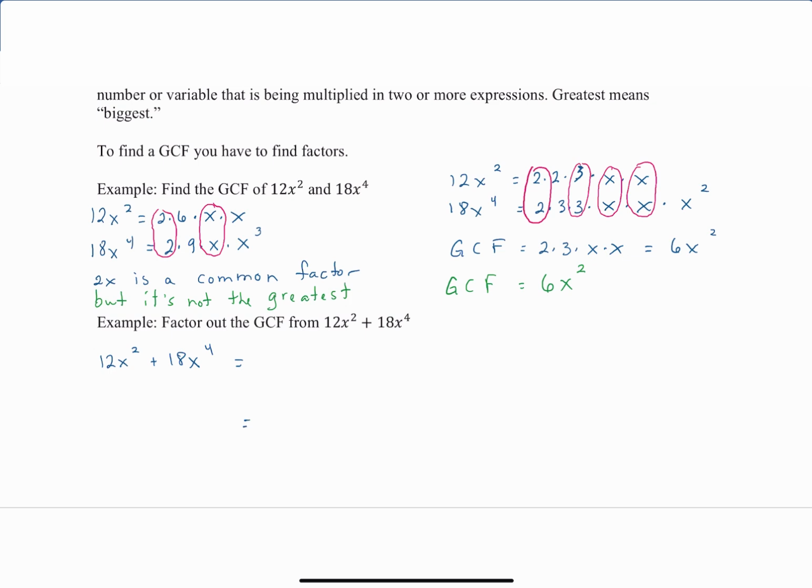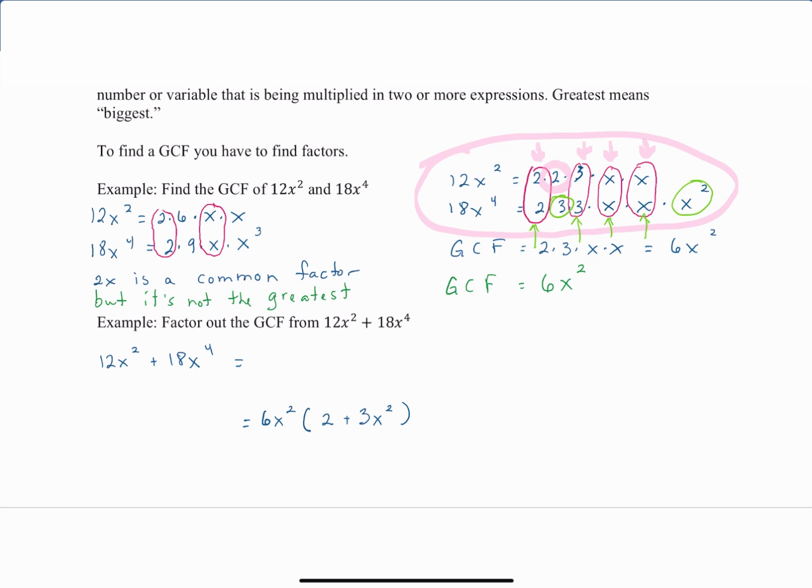Now, since we've determined that the GCF is 6x squared, and I'm leaving a space here to go back and fill in some details that are optional, but if you find them helpful, you might want to use them. Anyway, we've said our GCF is 6x squared. If I take a 6x squared out of 12x squared, that's going to leave me a 2. And if I take a 6x squared out of 18x to the fourth, that's going to leave me a 3x squared.